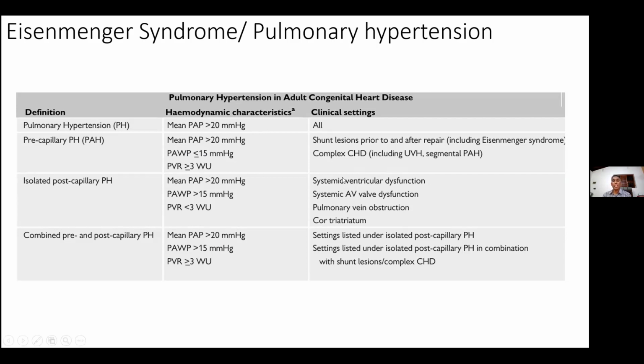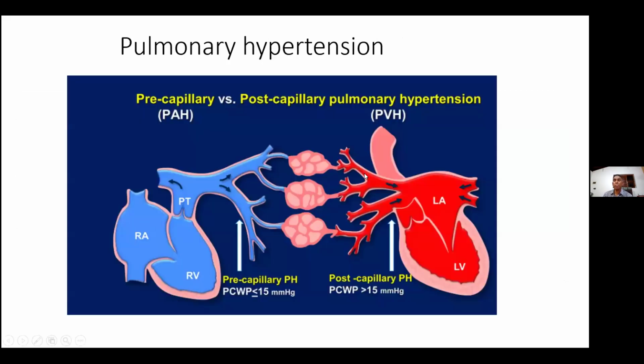I have given the various reasons for pulmonary hypertension. You don't have to remember everything, but the one common thing is pulmonary vein obstruction. If the vein is obstructed, it will create back pressure here, so the PA pressure from this end will go up.